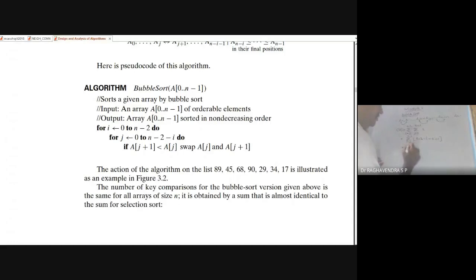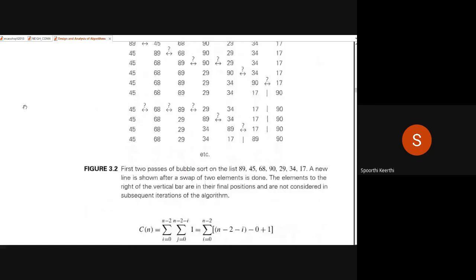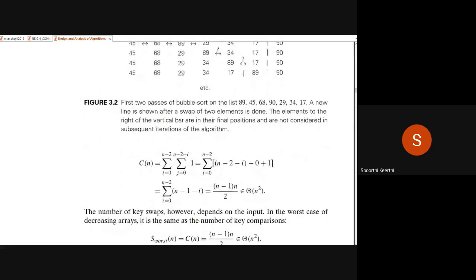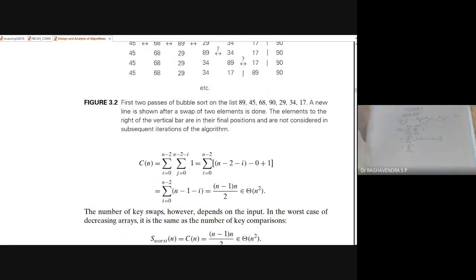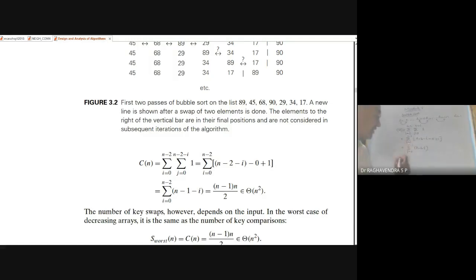What happens if we simplify this? n minus 1 minus i. Is this correct? Yes, sir.